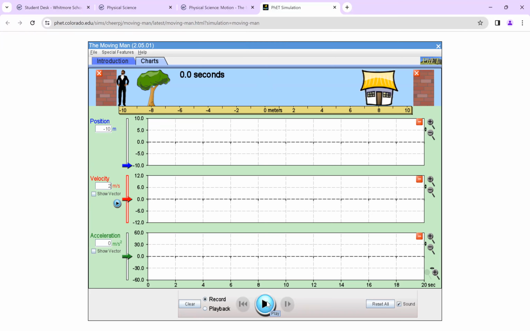Are you ready for that? Yeah, okay. There he goes. Go, go, go. He's moving along very slowly, but he's making it. He's gonna make it.